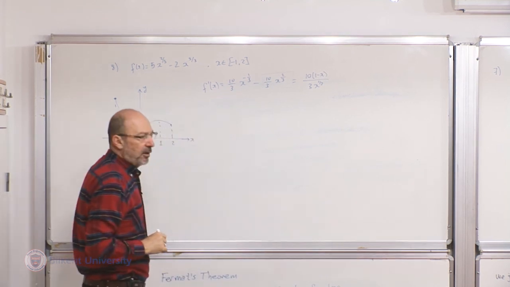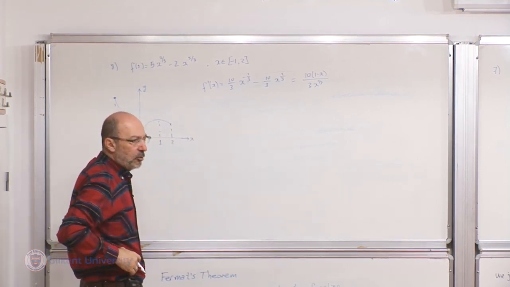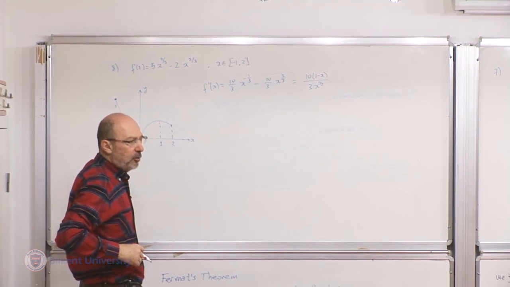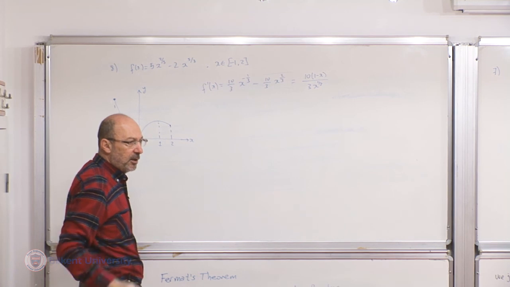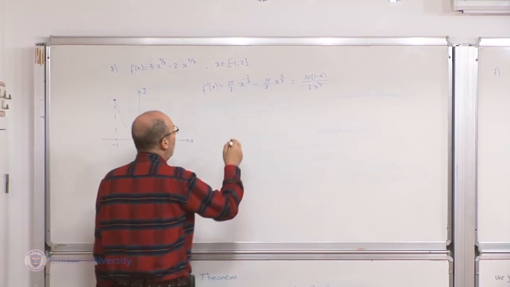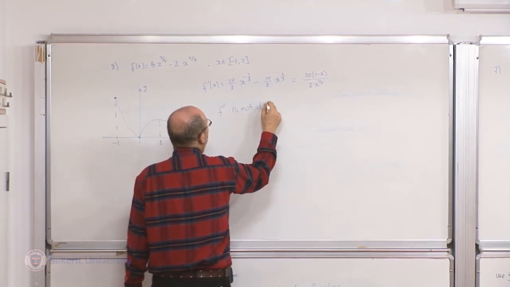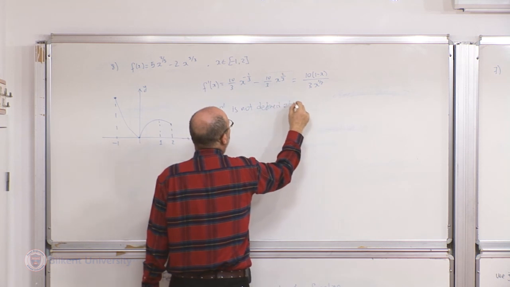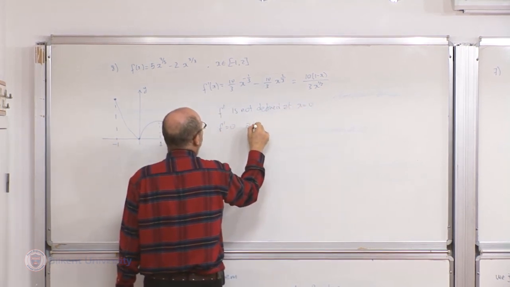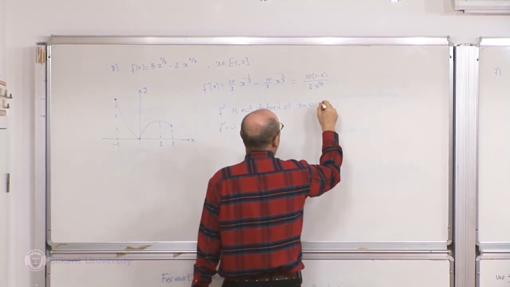So this is the derivative. You see that the derivative is not defined at x equals 0, and it is equal to 0 at x equals 1. These are the things I'm interested in when I ask for the critical points. So f prime is not defined at x equals 0, and f prime is 0 at x equals 1. So these are critical points.